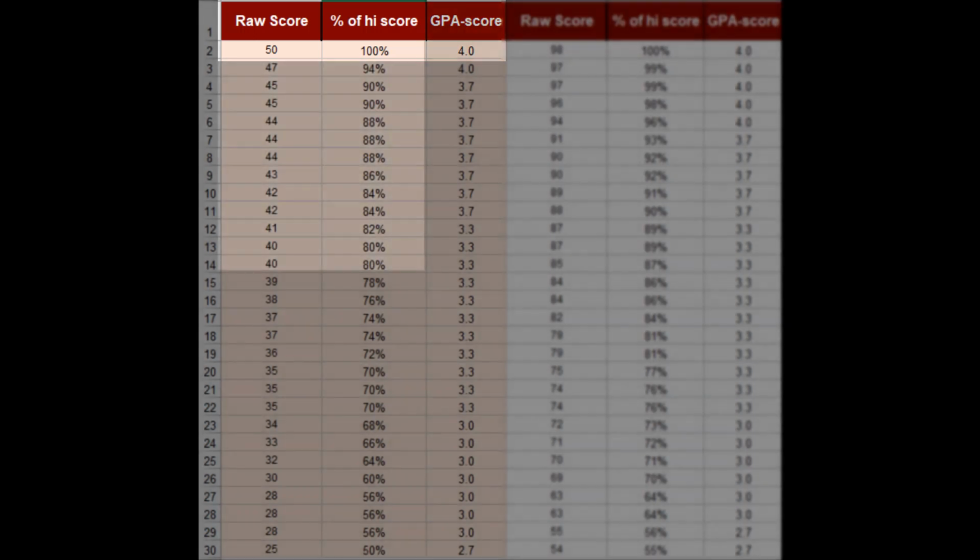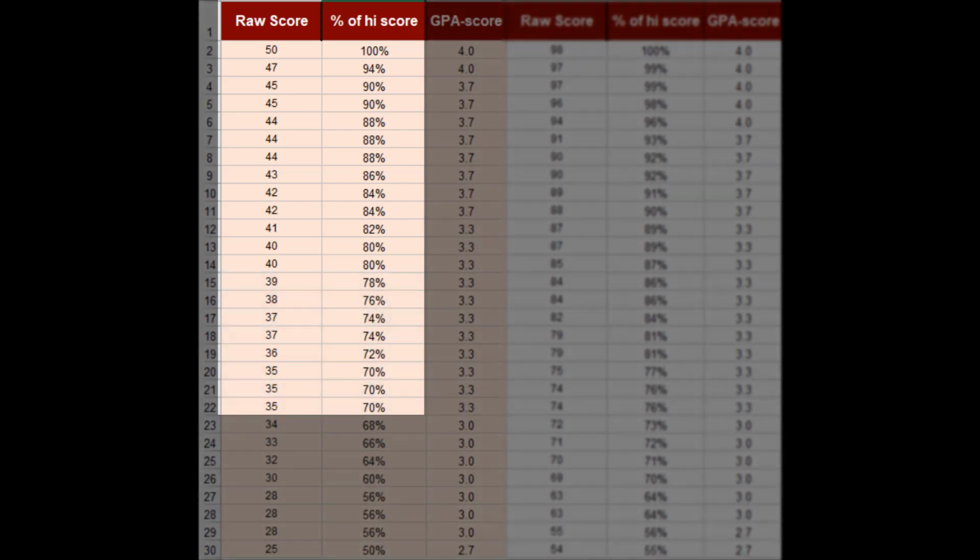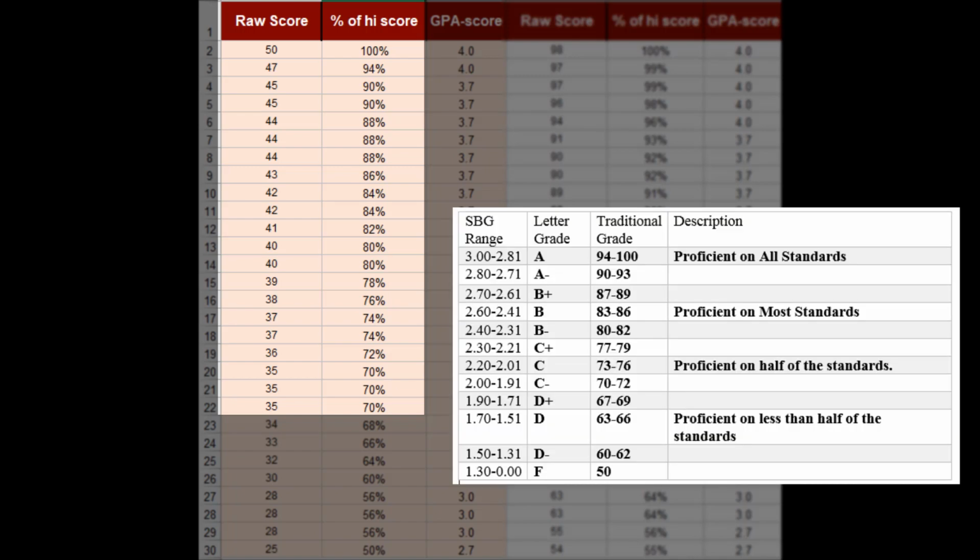So a student scoring only 40 gets a B, and a student scoring only 35 gets a C. Needless to say, without the curve, all three students would be getting very different and much worse grades. So in rigorous subjects like law and math and others, the curve can be a benefit to students.